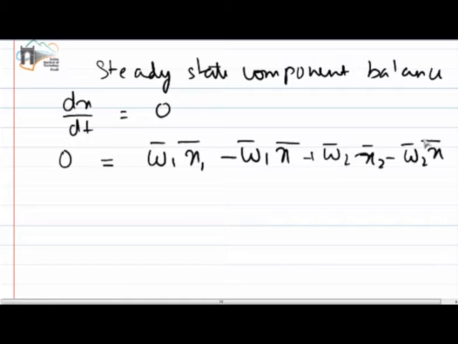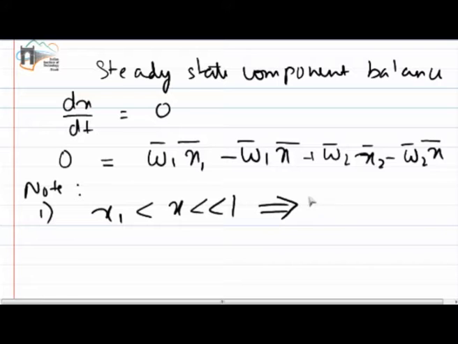Okay. So now coming back using that assumption, I will have from the first that if x1 is less than x less than 1, this implies that w2 is very much less than w.